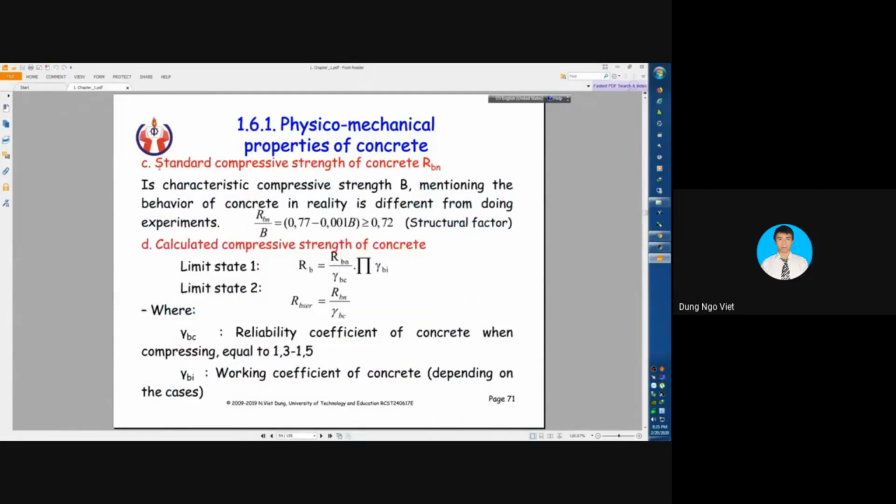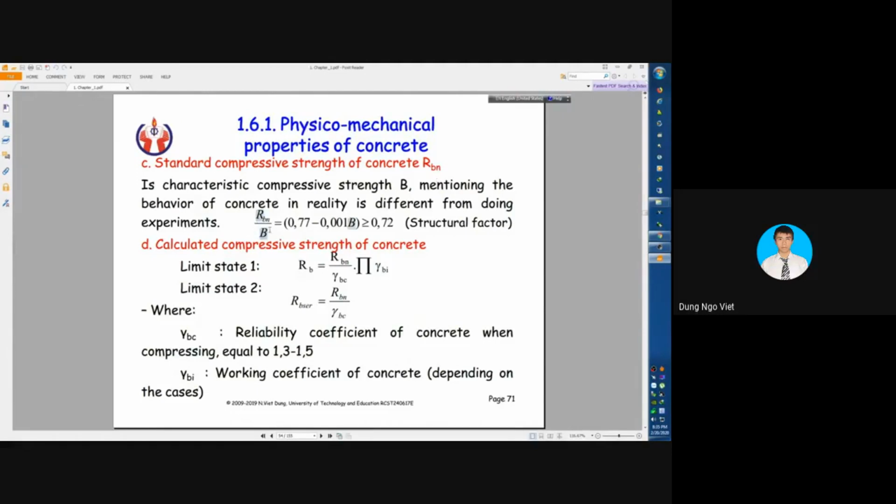Next, we continue to learn the standard compressive strength of the concrete, RBn. The standard compressive strength is the characteristic compressive strength B, and mentioning the behavior of concrete in reality is different from doing experiments.